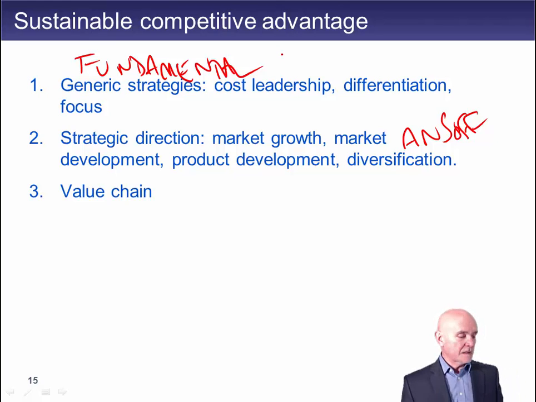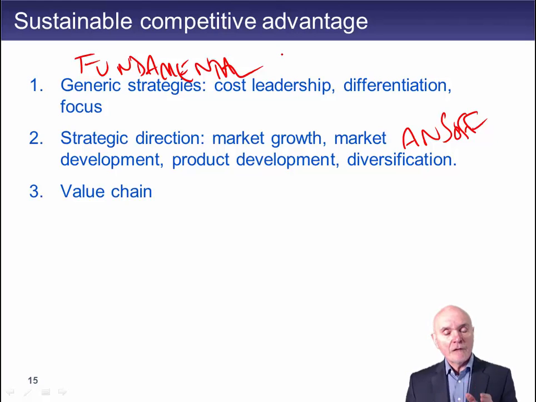Because with all of these competitive advantages, the very title of this slide says sustainable competitive advantage. To some extent, any idiot can get a competitive advantage, do better than your rivals maybe for a year, but that's not what we want. We want to be able to do better than everybody else year after year after year.